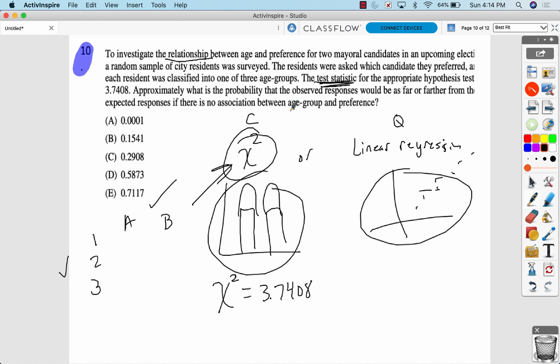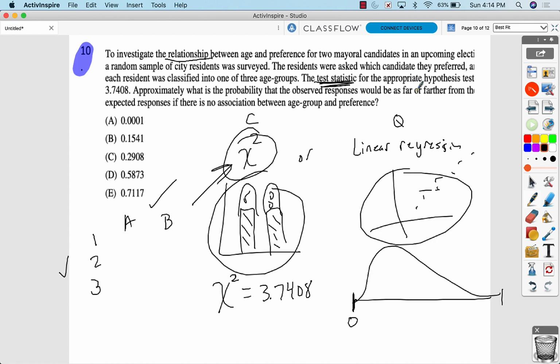If there's no association, if you do a bar graph, then these things all match up. In that case, if the observed were all the same as expected, your chi-square would be 0, and your p-value would be 100%.